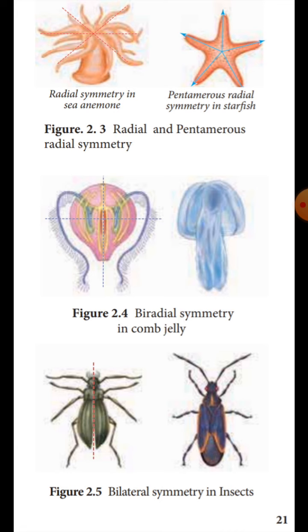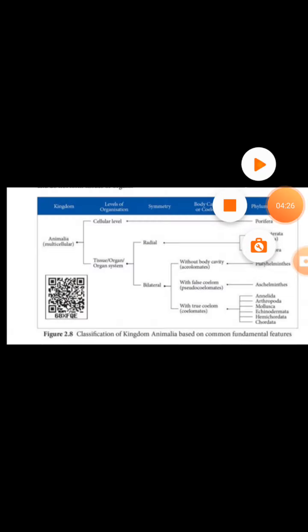For example, radial symmetry is seen in hydra and sea anemone, and bilateral symmetry for example in insects.